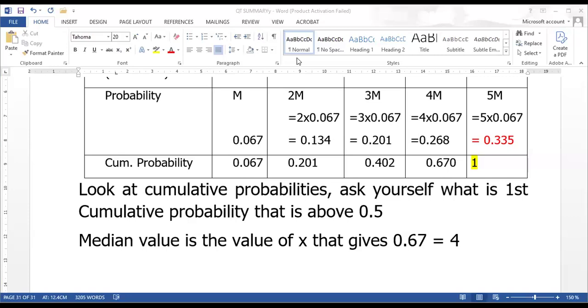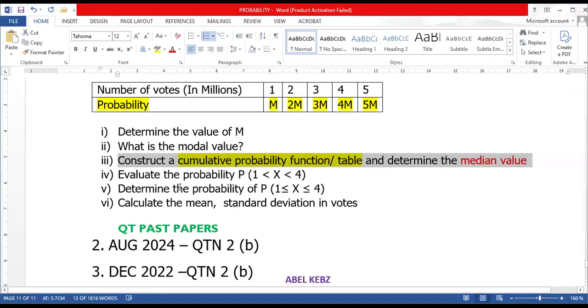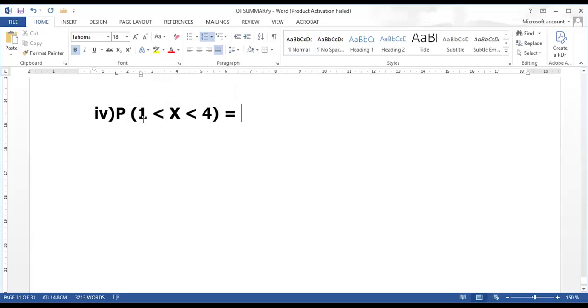Okay. So next, we are to determine the probability of this. Now, which probability do you need? You need the probability of x greater than 1. If they say 1 less than x, it means that x is greater than 1. So you start from 2.